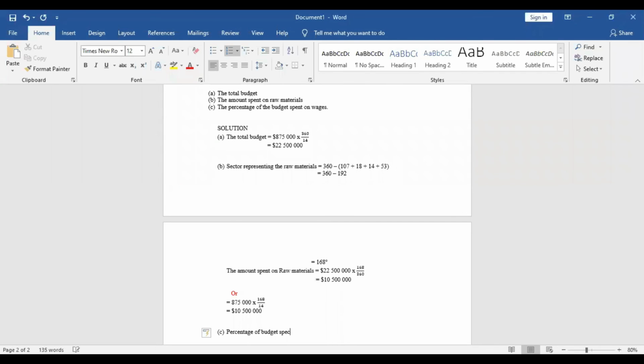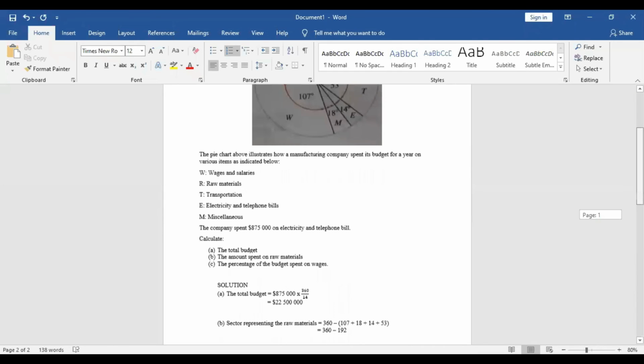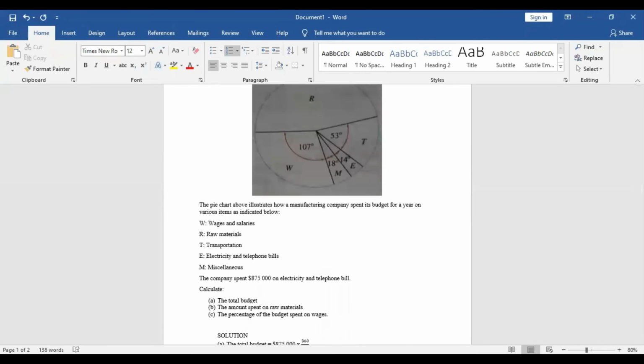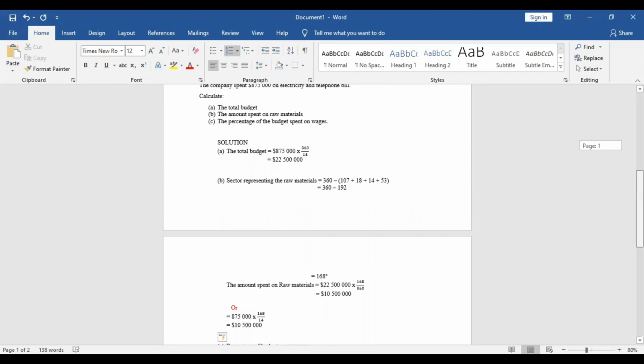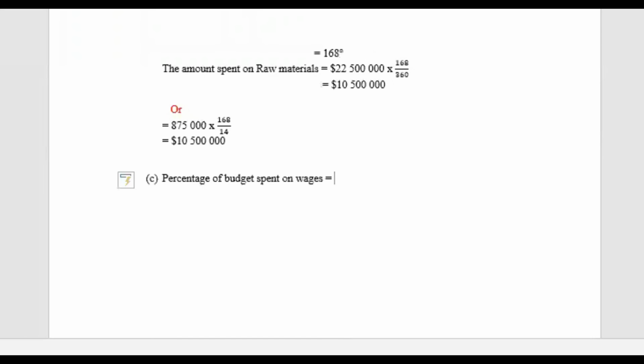Yes, somebody saying something? All right, so we know wages is how much? 107 degrees. So what we do in this case is we take the 107 degrees and we divide that by 360. We want the percentage, and we should all know that percentage is out of 100. That's absolutely correct.